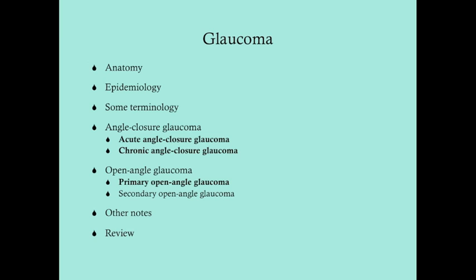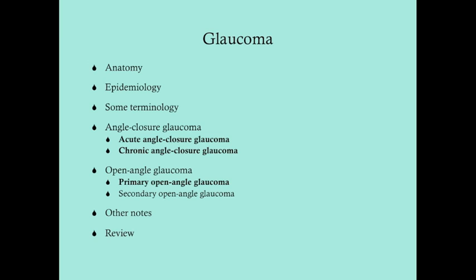And we'll talk about the two major families of glaucoma, to put it informally, angle closure glaucoma and open angle glaucoma. If you look at these, one of these disease processes stands out, acute angle closure glaucoma. If you've been watching these ophthalmology videos, you probably know that this is an emergent process, whereas chronic angle closure glaucoma and primary open angle glaucoma are more chronic processes.